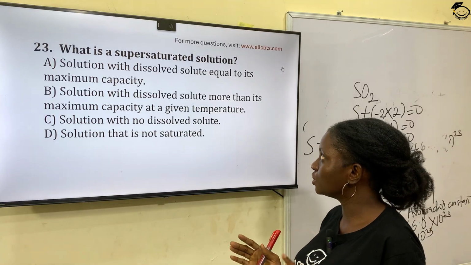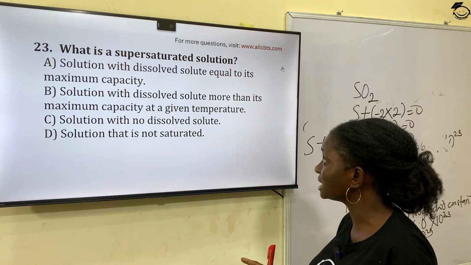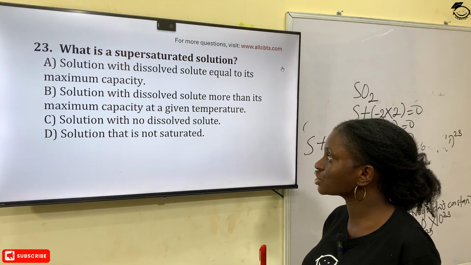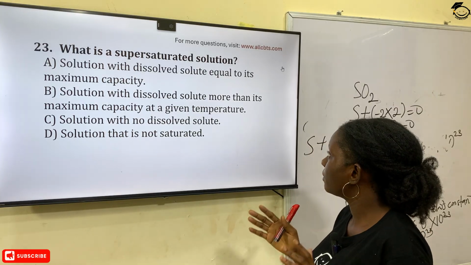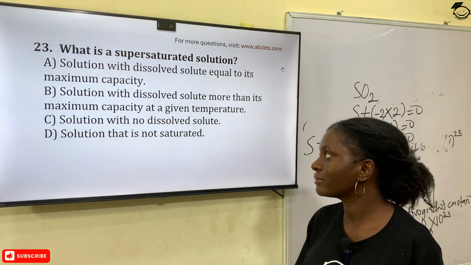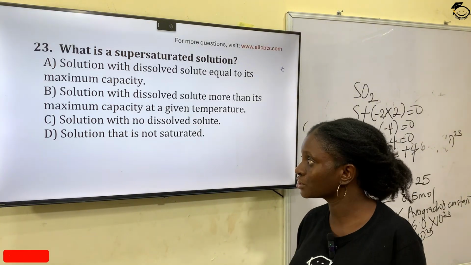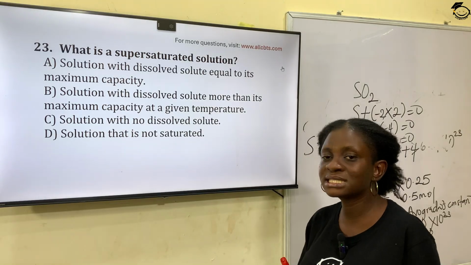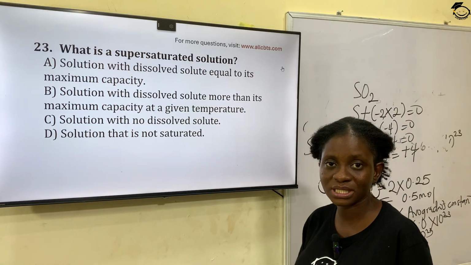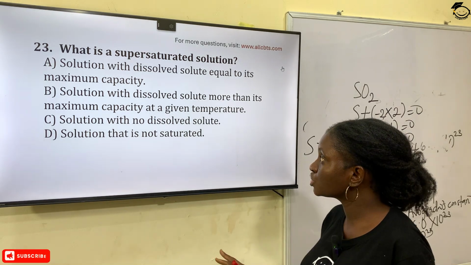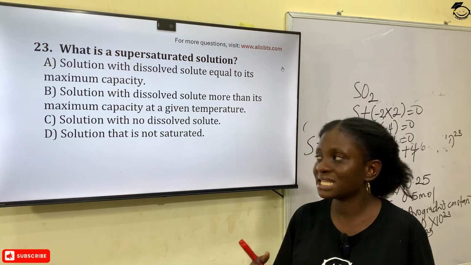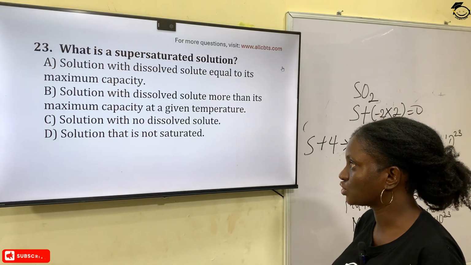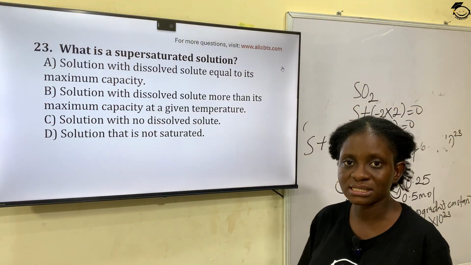No, that is not what a supersaturated solution is. If that were the case, it would dissolve properly. B, solution with dissolved solute more than its maximum capacity at a given temperature. C, solution with no dissolved solute. D, solution that is not saturated. The correct answer is a solution with dissolved solute more than its maximum capacity at a given temperature. Option B is the correct answer.